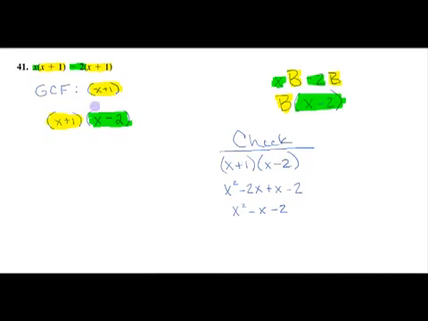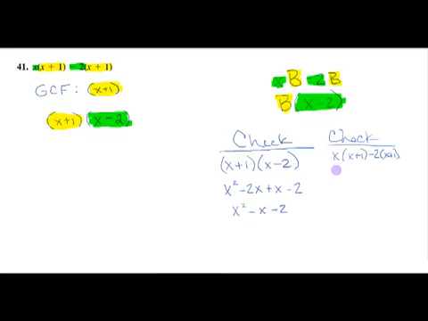Now this does not match what we have here, but this is a polynomial that isn't completely multiplied out. So let's take that x plus 1 and minus 2 x plus 1 and go ahead and multiply everything out.